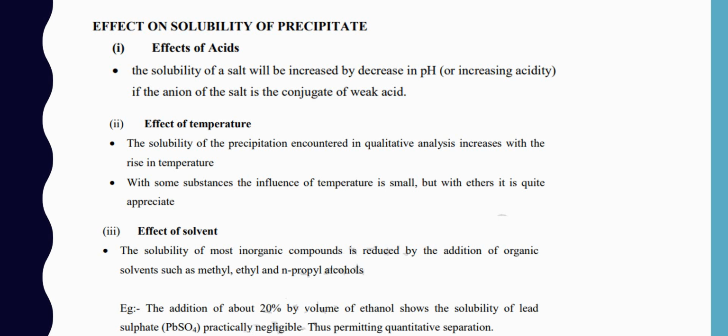Effect of solvent: the solubility of most inorganic compounds is reduced by the addition of organic solvents such as methyl, ethyl and propyl alcohol. The addition of about 20% by volume of ethanol makes the solubility of lead sulfate negligible, thus permitting quantitative separation. So different solvents will influence the solubility.